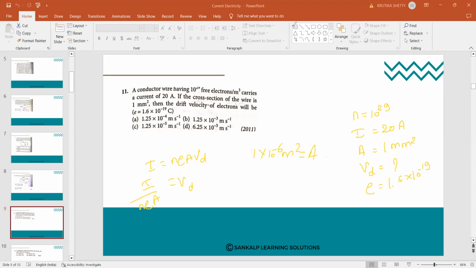Yes, option A or B? Everybody is getting A, 10 to the power of minus 4, but 10 to the power of minus 3, option B, is what will come. Priyanka, Anvita, Netravati, check whether you made a mistake in the power, 10 to the power minus 3 will come. Okay. Done. We will go for the next question.